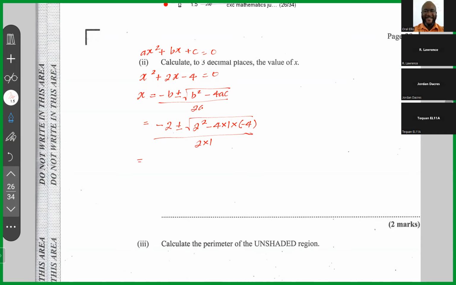Simplifying, we have minus 2 plus or minus the square root of 4 minus 4 times 1 times minus 4, which is positive 16. And this is all over 2 times 1, which is 2. This is minus 2 plus or minus the square root of 20 over 2. Let's find the square root of 20.